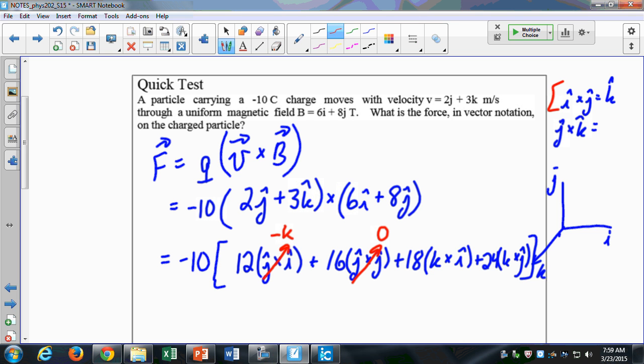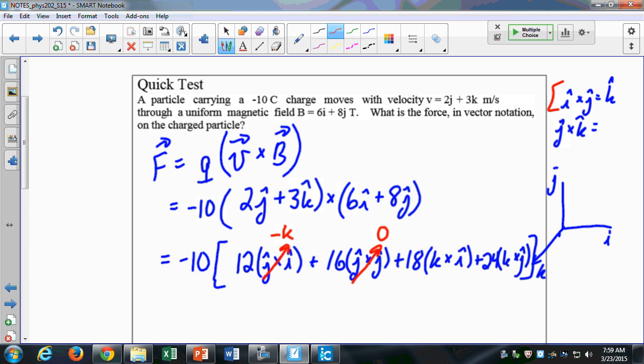So I, K, no, it looks like it's negative J. Yeah, so I cross K is negative J, or excuse me, did I do that right? No, you were right, Josh. Sorry, I was doing I cross K. But K cross I is positive J. Okay? K, I is in that direction, J is up. So K cross I is J.